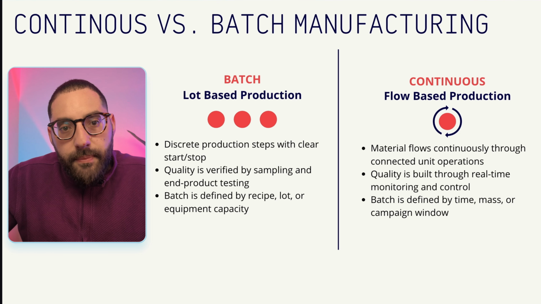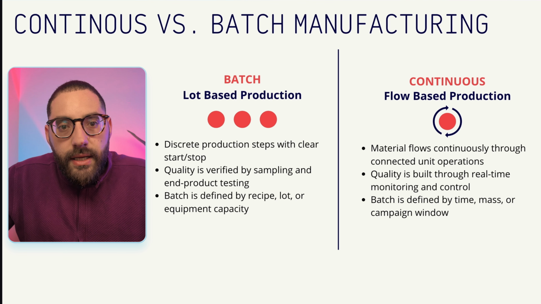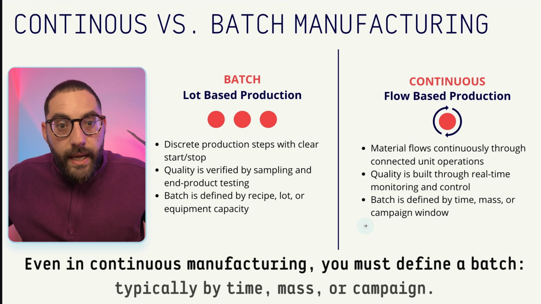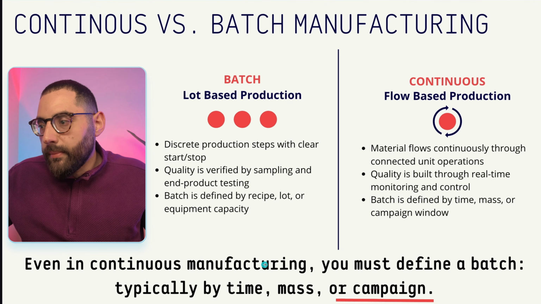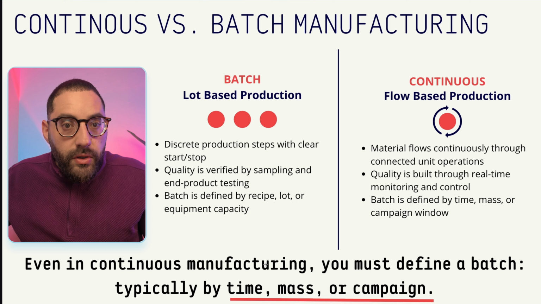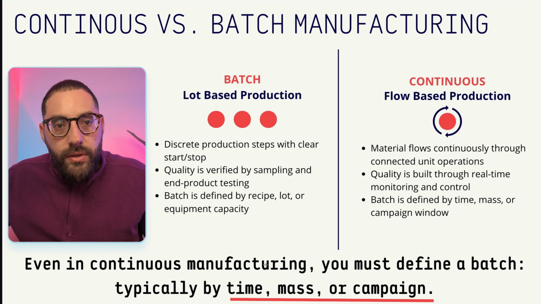So this is one of the topics that ICH Q13 is very quick to speak to early on in the guideline. And it says that there are really three main ways that you can describe a batch. That's time, mass, or campaign-based, but it also gives flexibility if there are other scientific rationales for how to define a batch, and you can just define that in your submission.